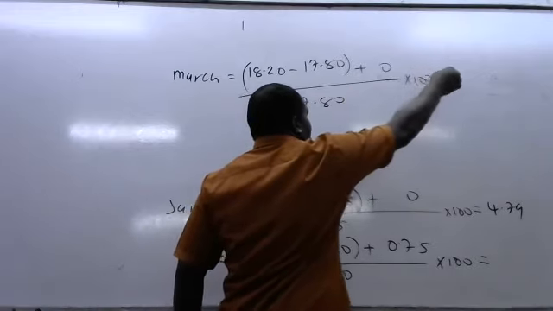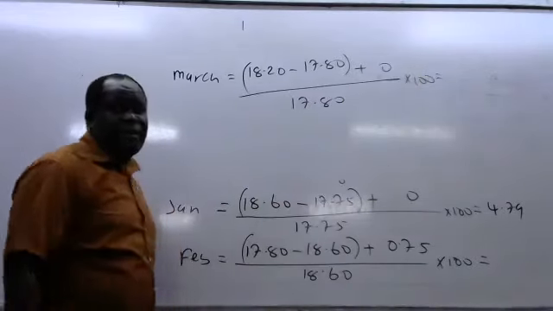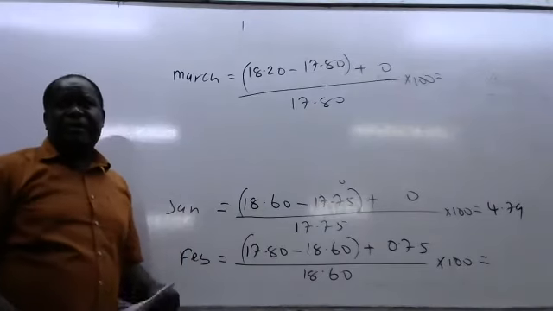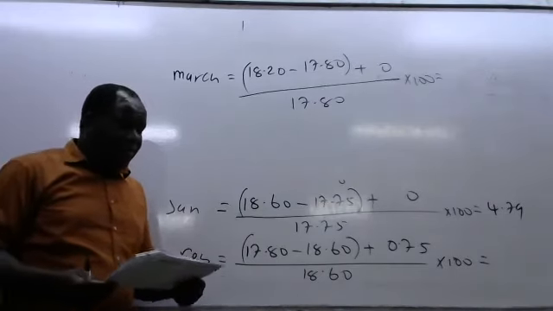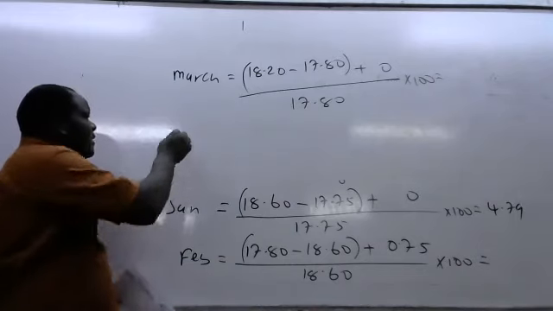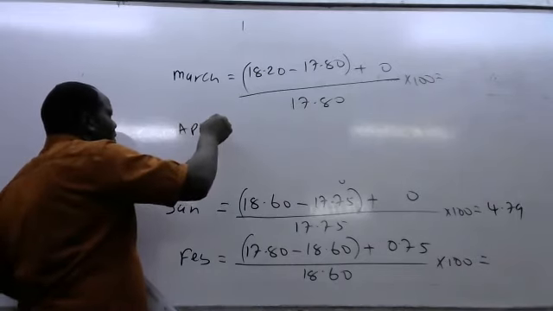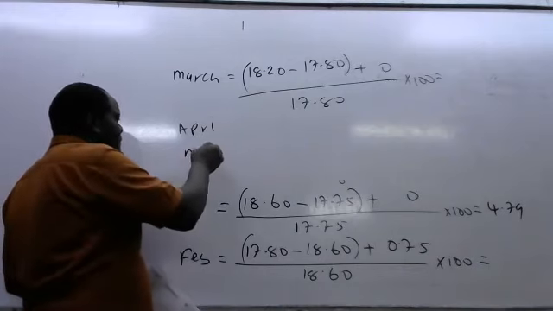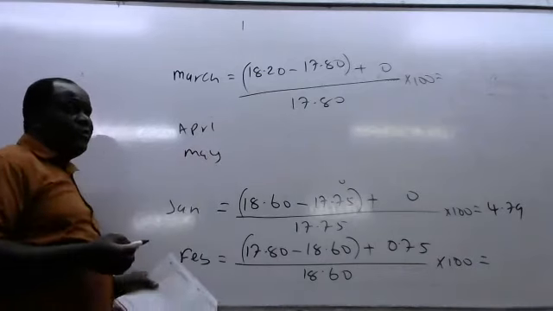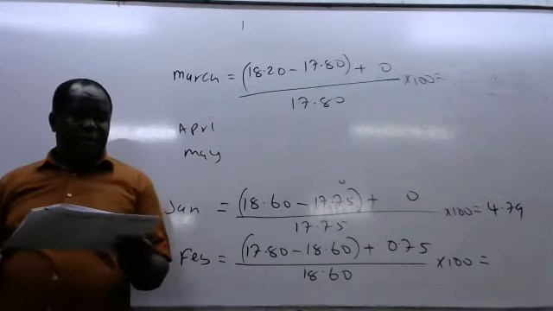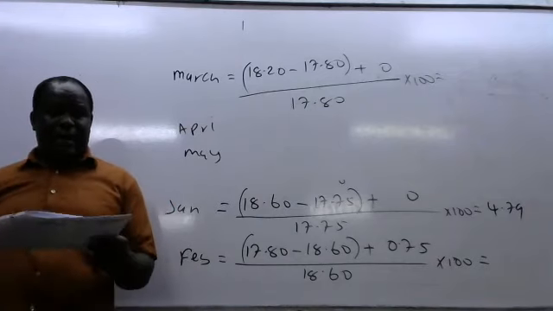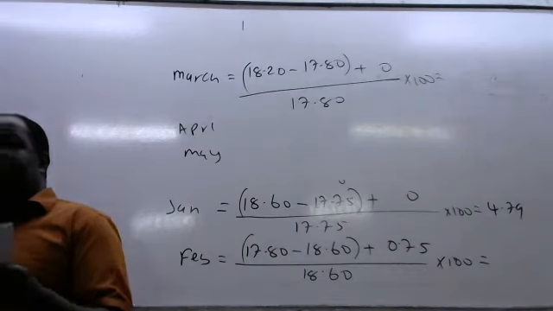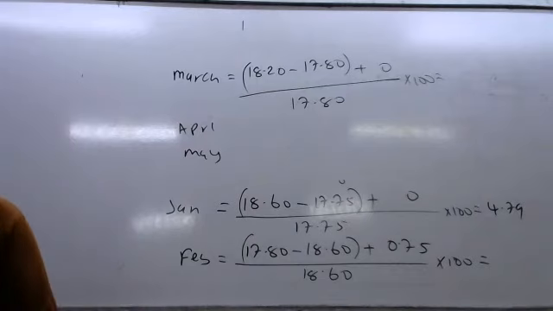So express that as a percentage. So you do the same for April, May, June, July, August, September, October, November, and December.